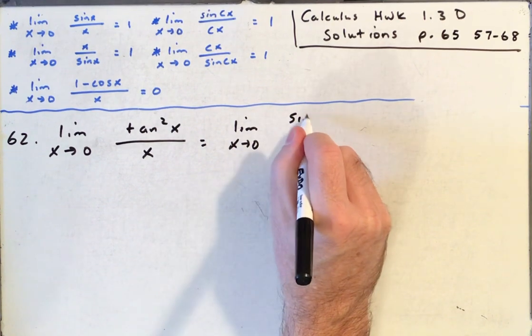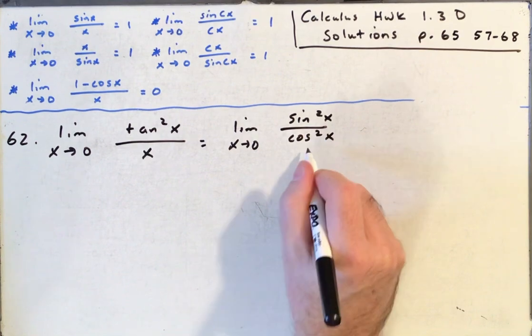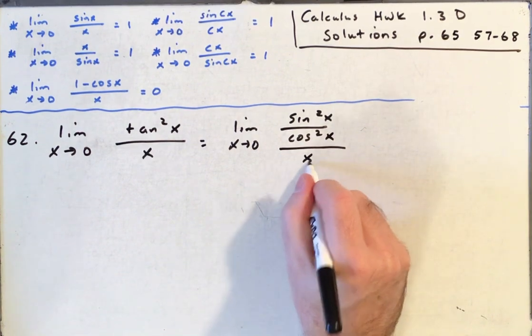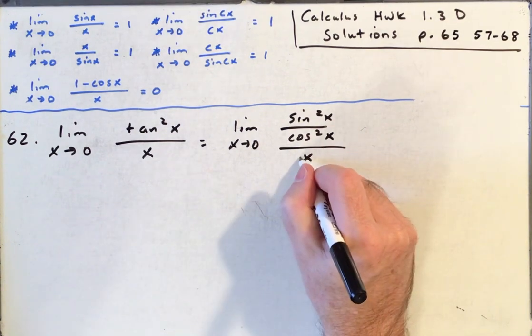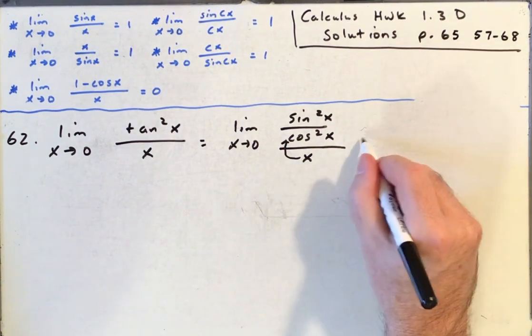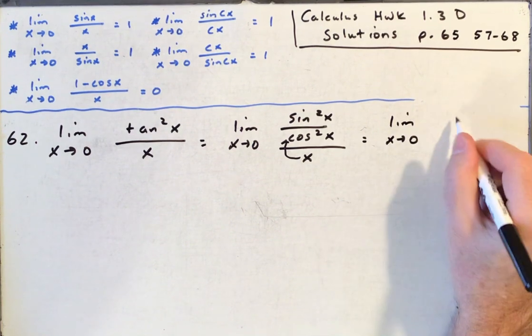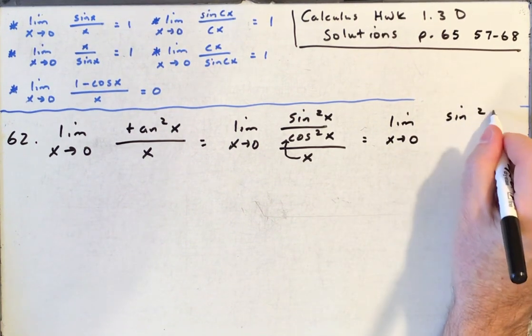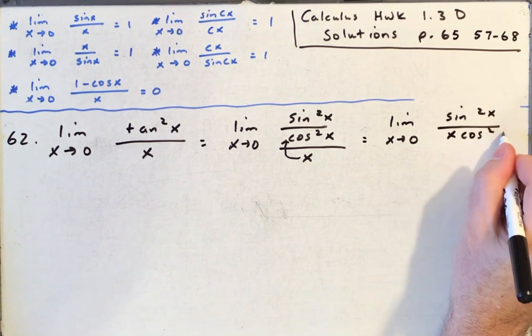So sine squared x over cosine squared x over x. And then I can bring that x on the bottom right up here. So that's the limit as x approaches 0 of sine squared x over x cosine squared x.